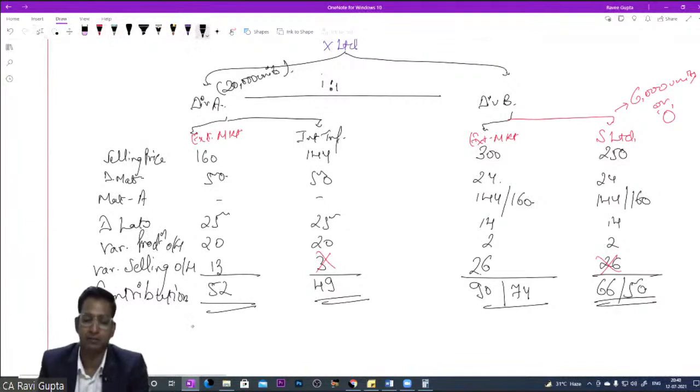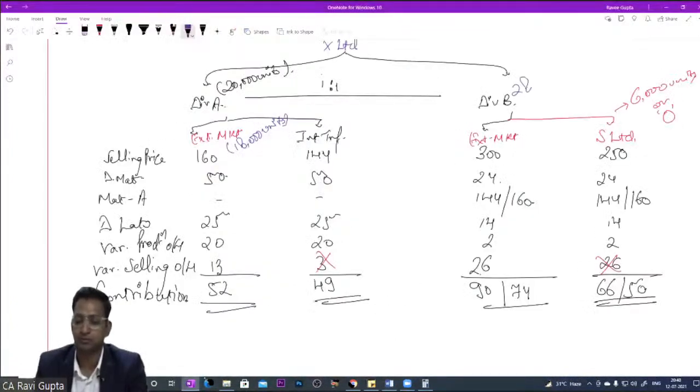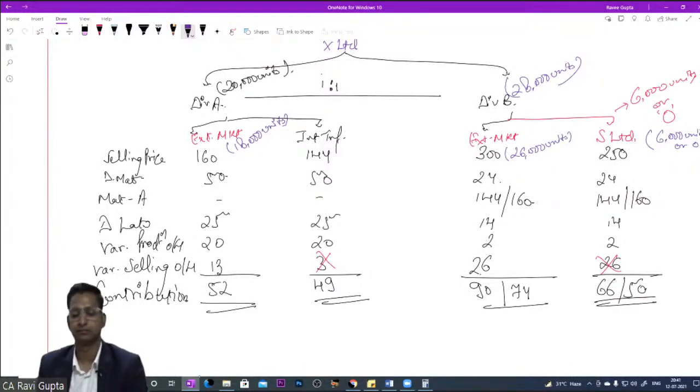External market demand is 18,000 units. Given manufacturing capacity of B is 28,000. External demand is 26,000. S Limited 6,000 units or 0 units. Fine.